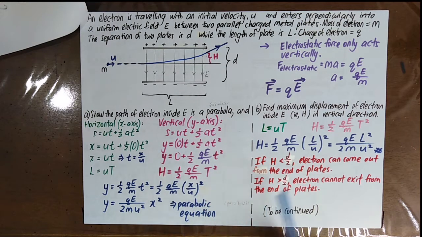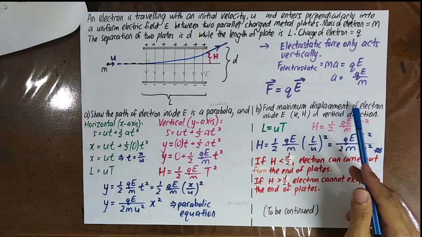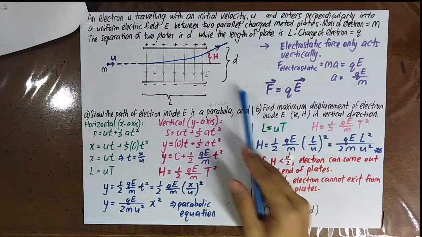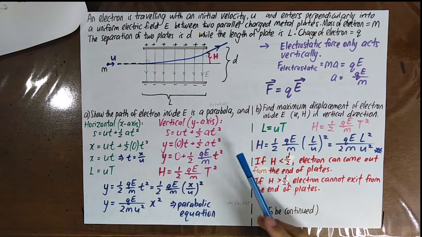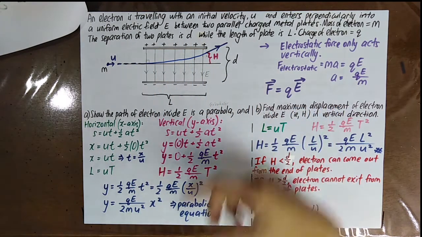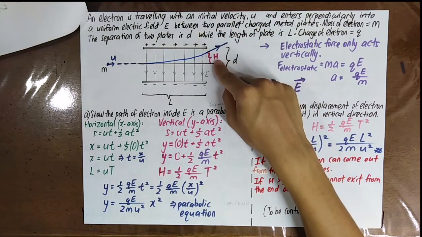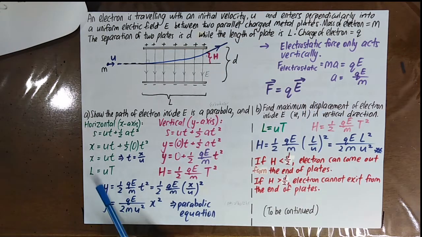Okay? So find the maximum displacement of the electron inside the E field. That means the maximum displacement of the electron, this one, the capital H. Okay, just now we know x equals ut.